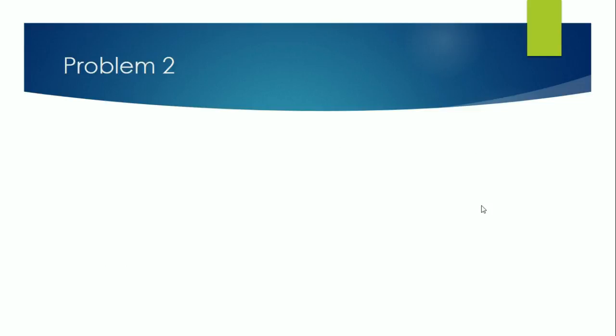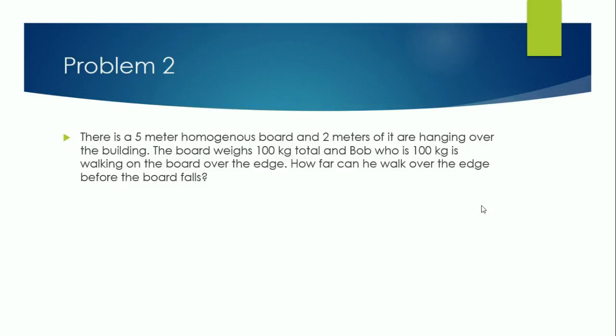So let's try a harder problem. This is a more difficult problem. There's a 5-meter homogeneous board, and 2 meters of it are hanging over the building. The board weighs 100 kilograms total, and Bob, who is 100 kilograms, is walking on the board over the edge.